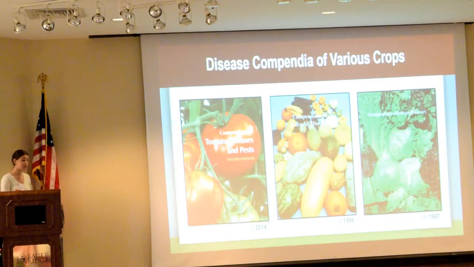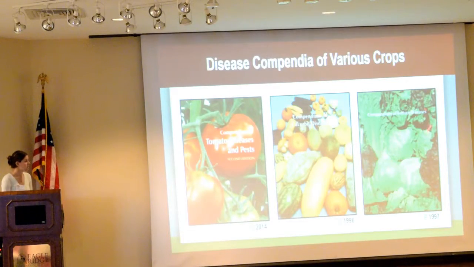If you are interested, these books are available for purchase through a website, which I'll show you in a couple of slides, and they may also be available at other sources like Amazon. The Professional Society for Plant Pathologists is the one that produces these books. And the tomato disease one is the second edition now. It was updated in 2014.